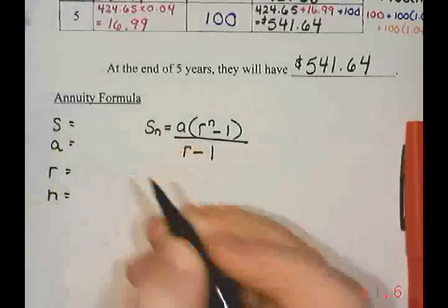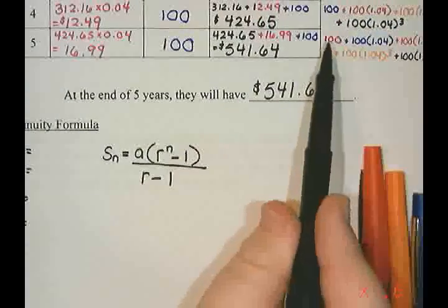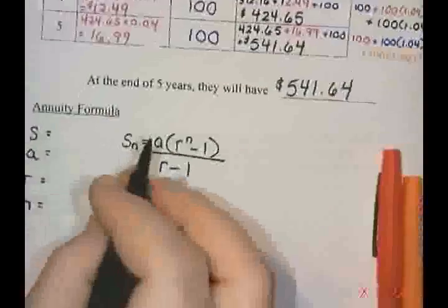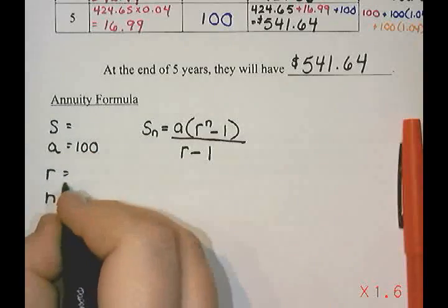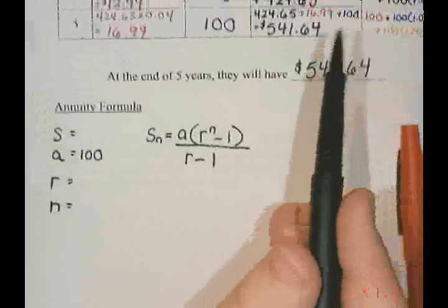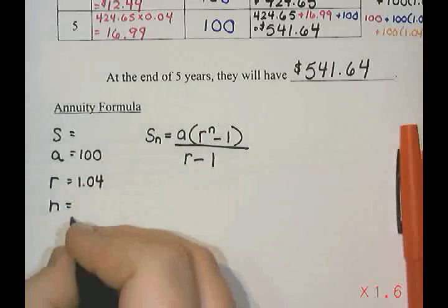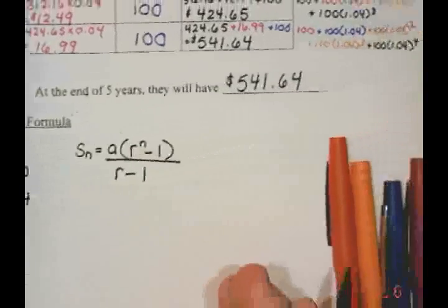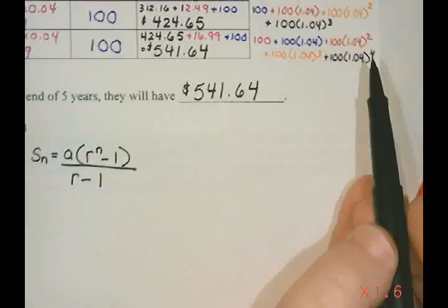So looking at what we just figured out, A would be the first term, and our first term here was 100. So I'm going to put A as 100. R is what we're multiplying by every time, and what we're multiplying by every time here is 1.04. N is the number of terms, and if I count them up, we've got 1, 2, 3, 4, 5 of them.